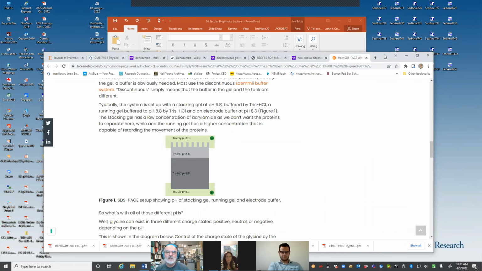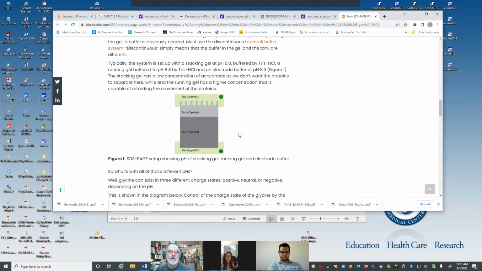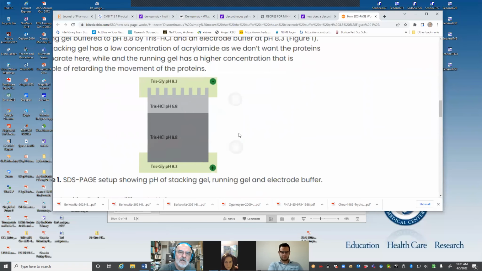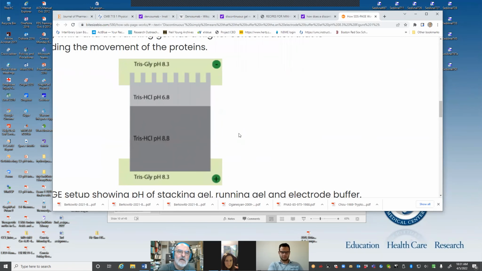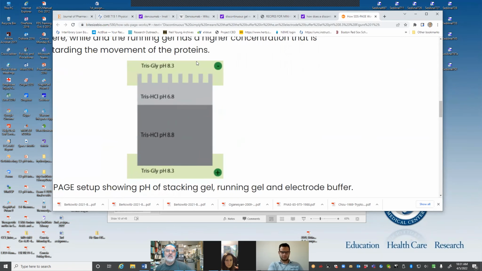This is an example of something I found on the web. I'm not going to go into great detail with this, but in these gel systems, in the vertical gel systems, for example, and I'm going to come back to this already because I can tell I'm getting ahead of myself.